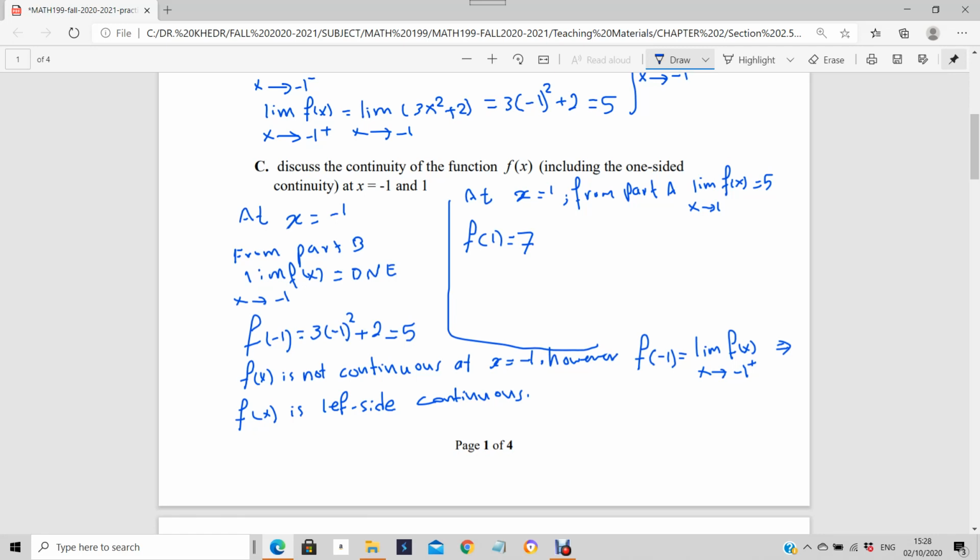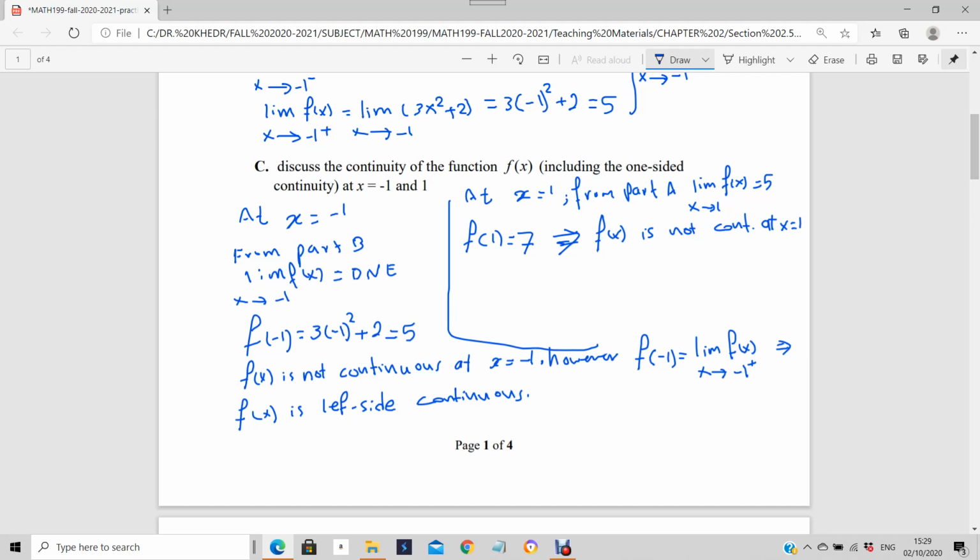Which means that the limit is not equivalent to the value of the function, which means that f of x is not continuous at x equals 1.